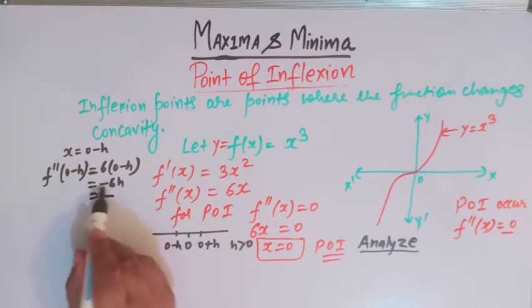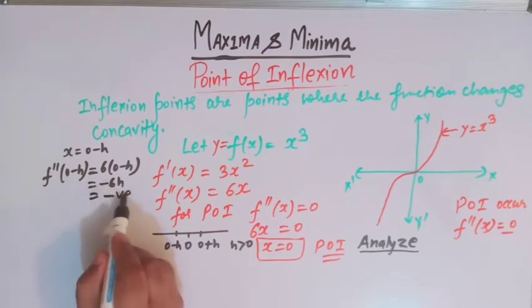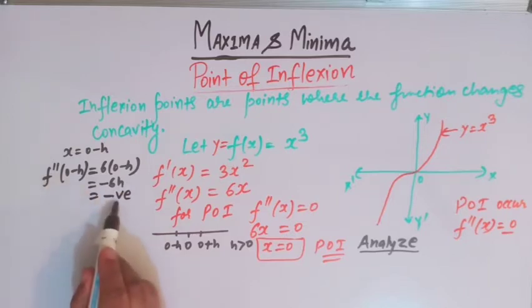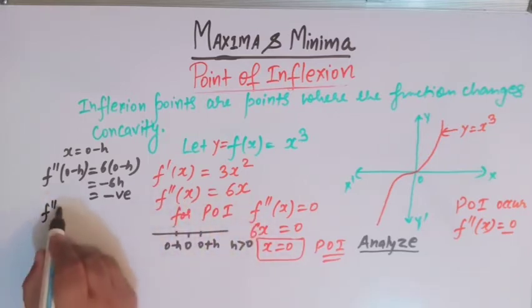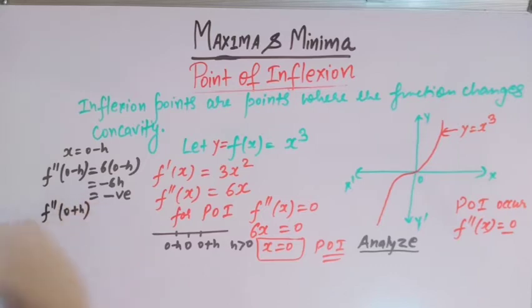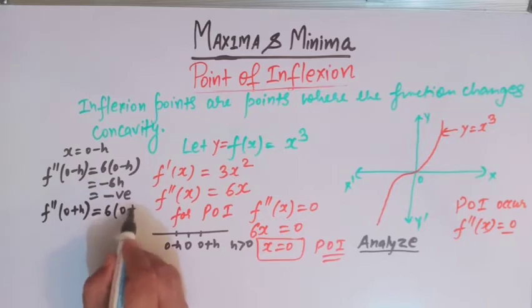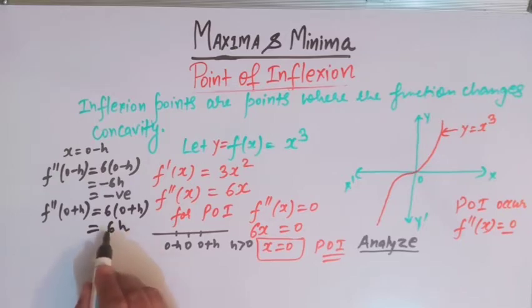Now let us analyze the sign of the second derivative at the other point. f double prime of 0 plus h is 6 times 0 plus h, which is 6h, and h is positive and 6 is positive, so we have positive.